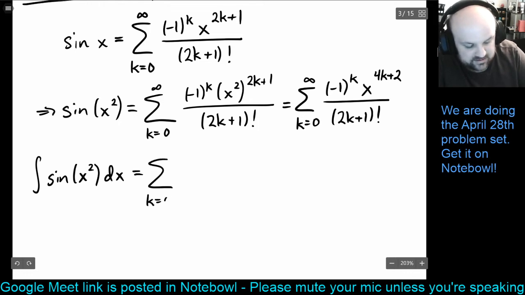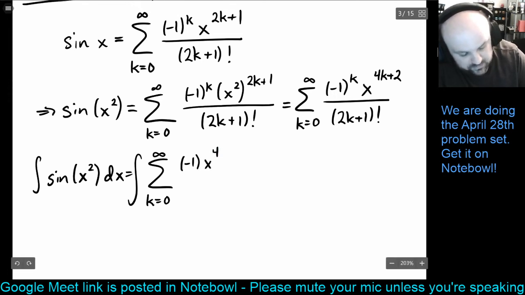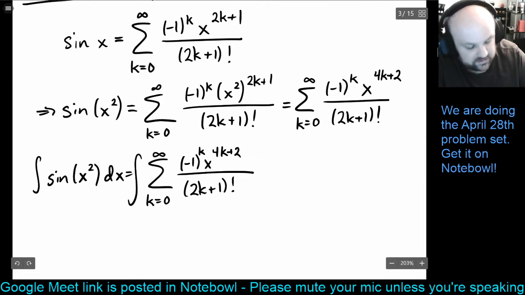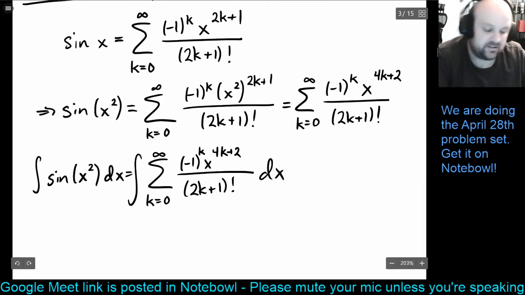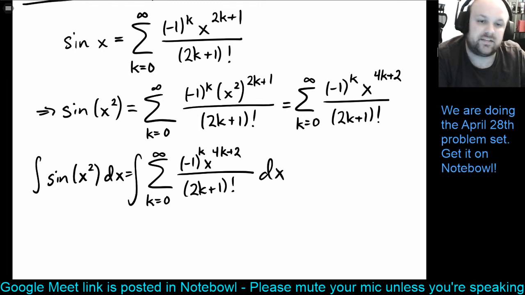And that's the nice thing here. Sorry, I meant to write the integral of this. So if we just integrate this series here, the sum of (-1)^k x^(4k+2) over (2k+1)! dx. Right, so remember, to do the integral, we just integrate this term by term.